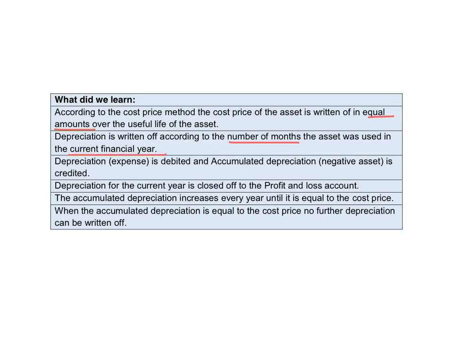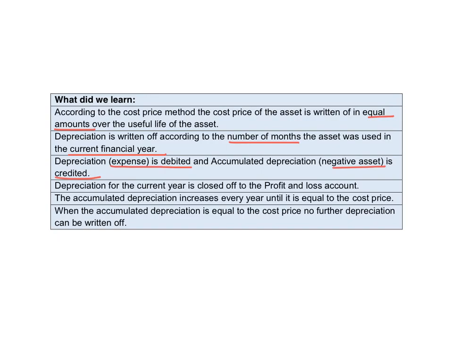So if we buy the asset in the middle of the year, we will only write off depreciation for 6 months. If we buy the asset on the 1st of October, we will only write off depreciation for 3 months. Depreciation is an expense and is therefore debited. Accumulated depreciation is a negative asset and it will be credited to accumulate the amount until it's equal to the cost price.